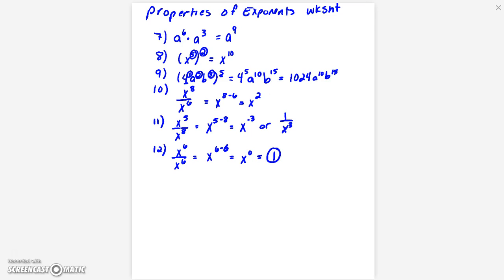And it makes sense because x to the 6th on the numerator is exactly the same as x to the 6th on the denominator. If you have the same thing over the same thing, that's a whole. It doesn't matter if it's banana splits or pecan pies. It's going to be 1. Question number 14. Oh, I skipped 13. Sorry, guys. 13.